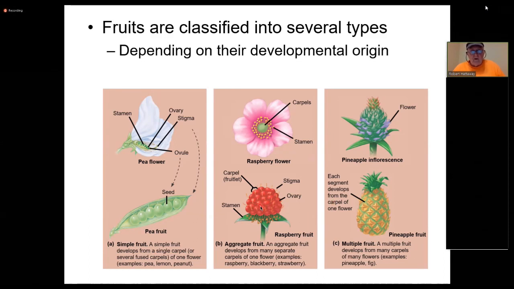So we have one flower with many fruits. Here you have one flower per fruit. Well, you have many flowers per fruit. So here's the bottom line. A multiple fruit is a product of a flower cluster. The aggregate fruit is a product of a single flower. And with that, we'll cut it off.